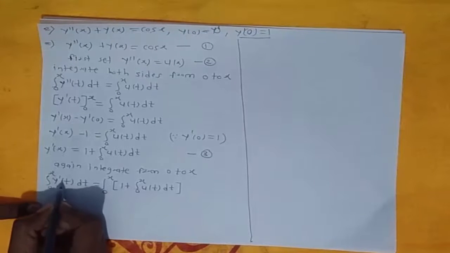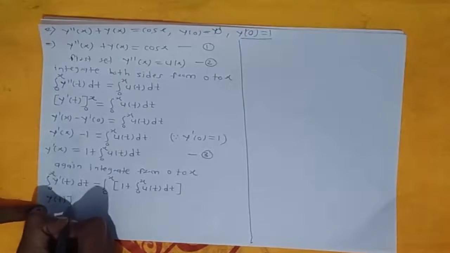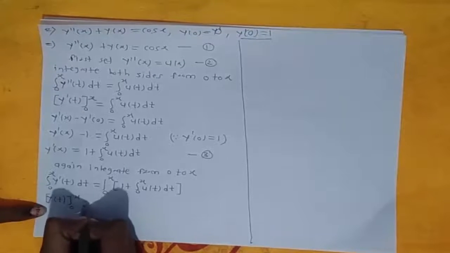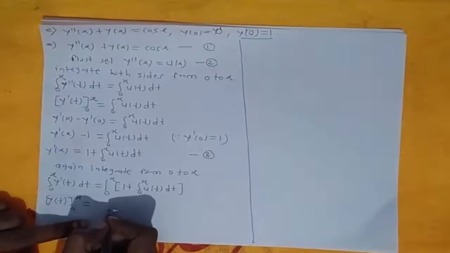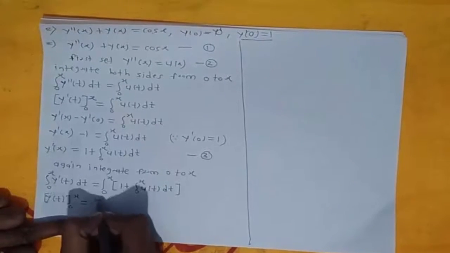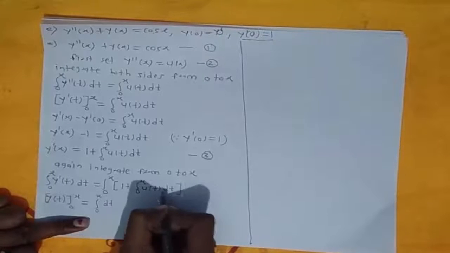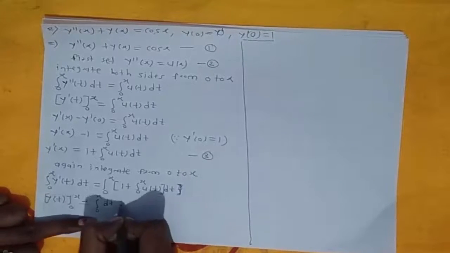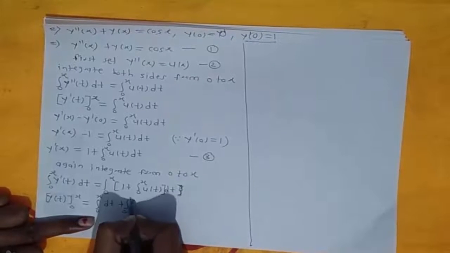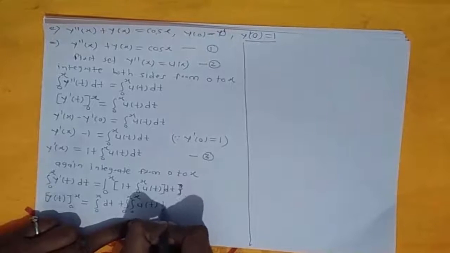By taking integration of y dash of t, it will be y of t with limits from 0 to x is equal to, we separate this integration from 0 to x, here only dt, plus the double integral from 0 to x of u of t.